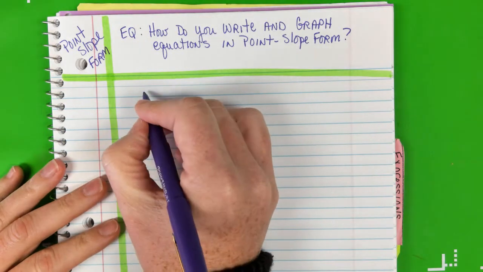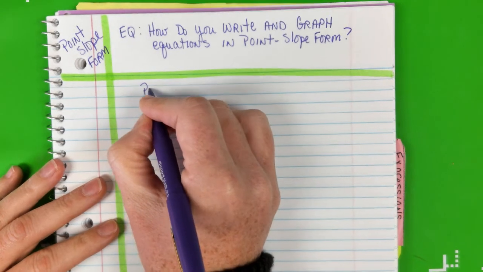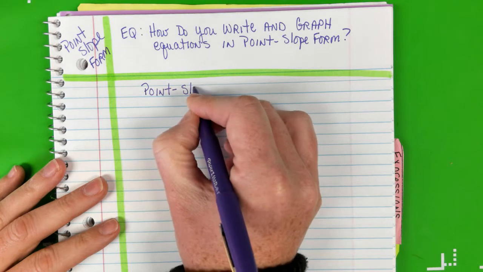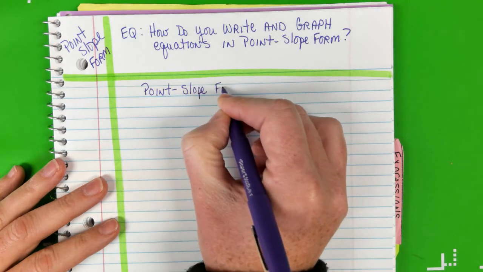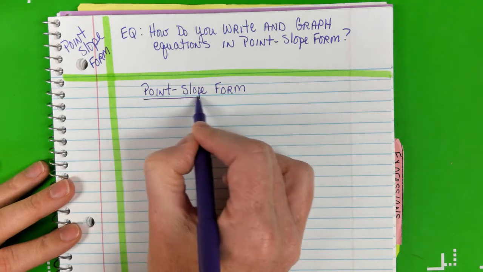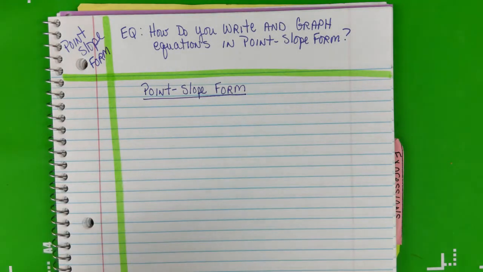So we've already talked about slope-intercept form of a linear equation. And I just want you to realize that there are other forms. We've also mentioned a standard form of a linear equation, and we'll be doing more with that later.